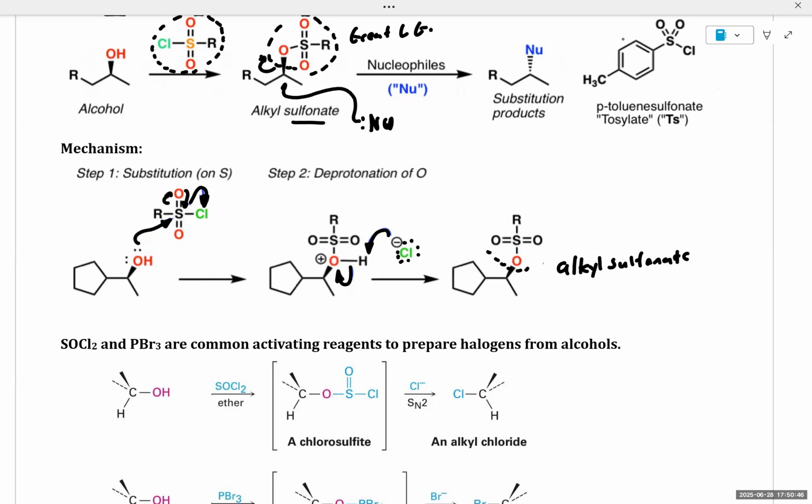Again, as discussed, this group is a wonderful leaving group. From here, we just observe a typical SN2 reaction where your nucleophile attacks and you displace and lose your leaving group.